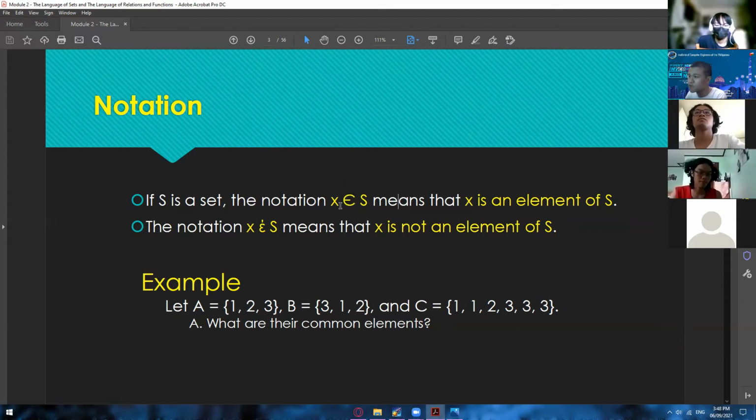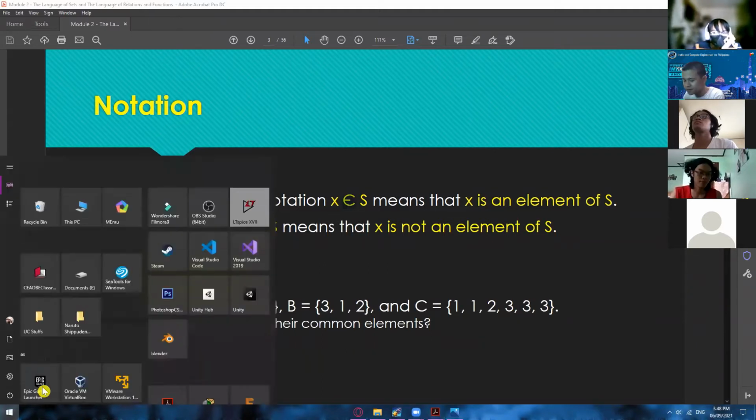If you're going to read this, x is an element of S. This is the set S, and x is just an element. The notation, supposedly, should be something like this also, but I cannot find a letter E that has an overline.